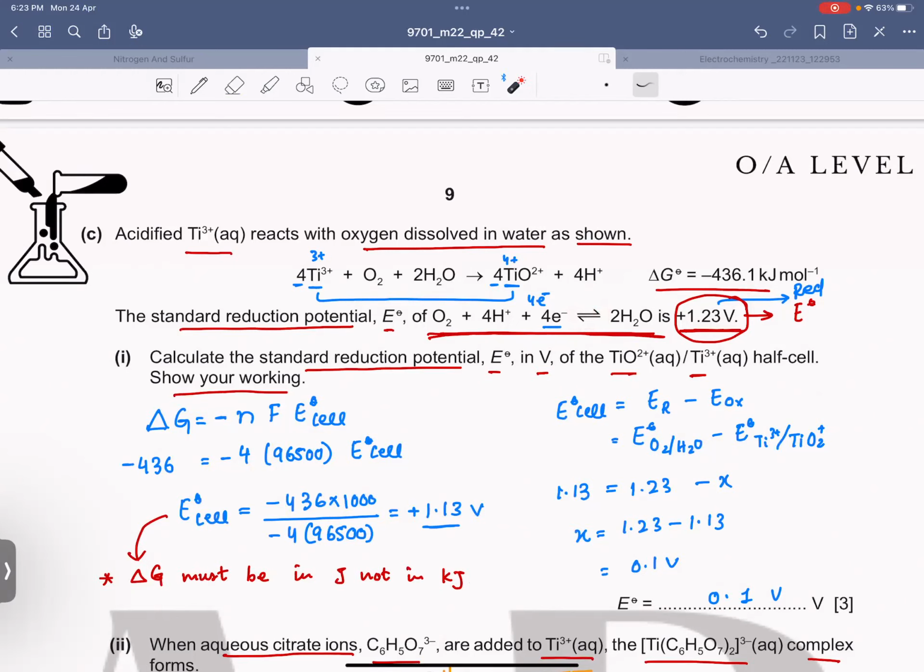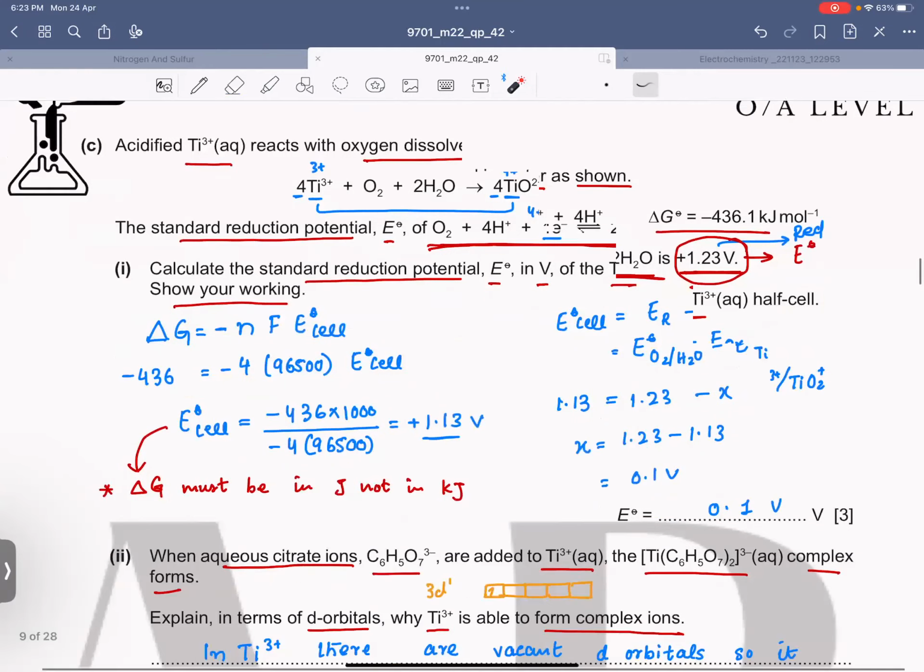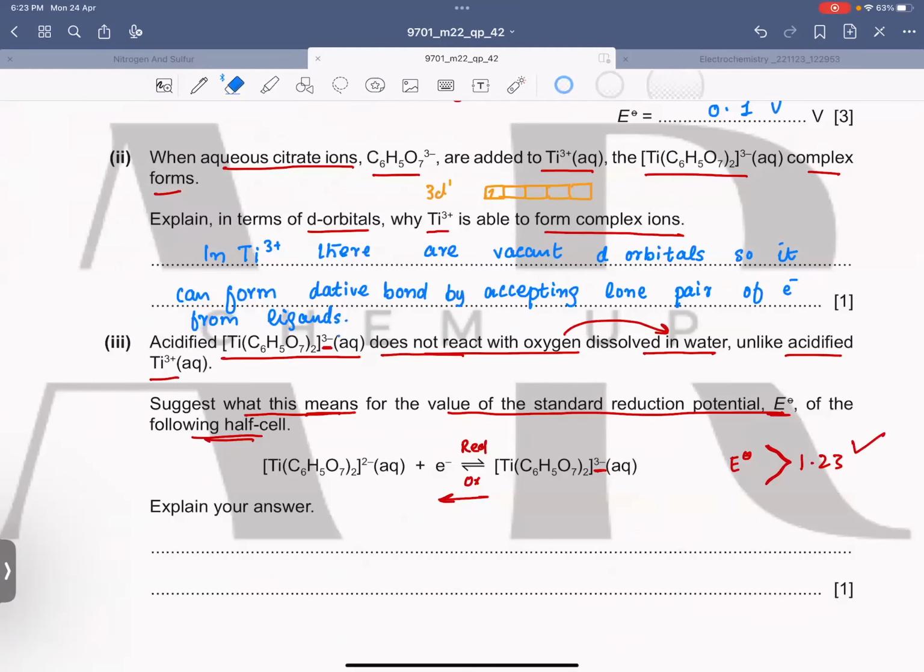Yes sir. So see what they are telling you in the first statement, that it does not react with oxygen dissolved in water. And here it's a 3 negative, and this ion is over here. Ahmed, can you unmute yourself, please? Thank you. So 3 negative is over here.